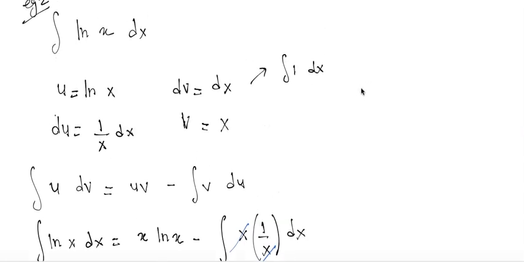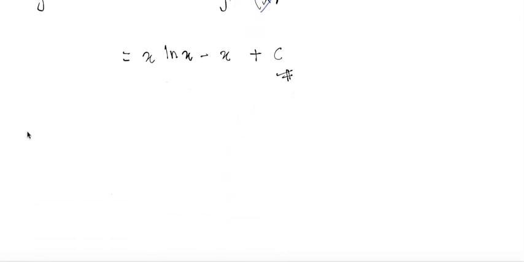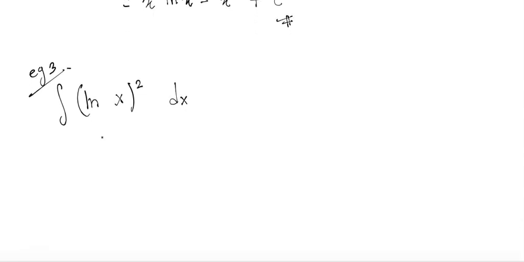Now let's say for example 3, you have integration of ln x square dx. Again, it's only one function. Here, your u and dv: you cannot just take ln x here, because for dv, let's say you put dx.